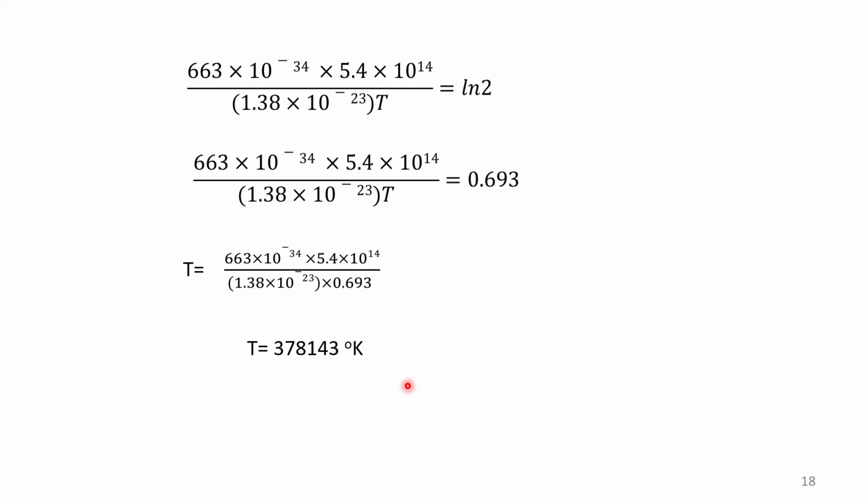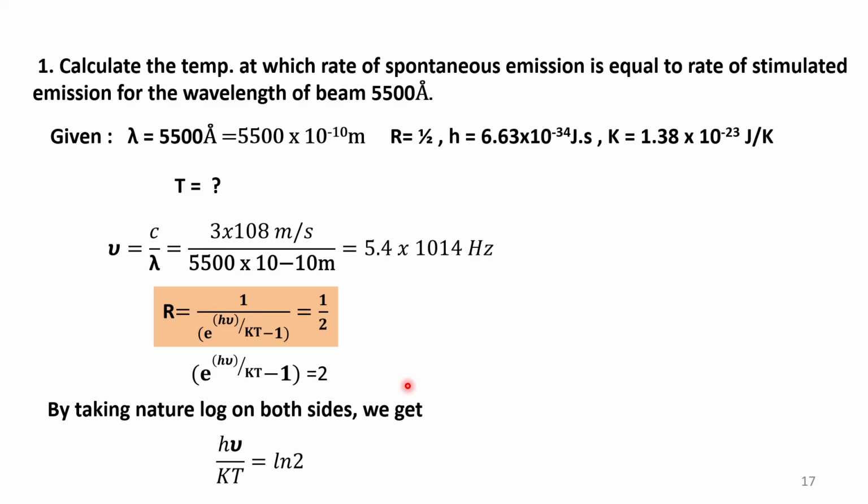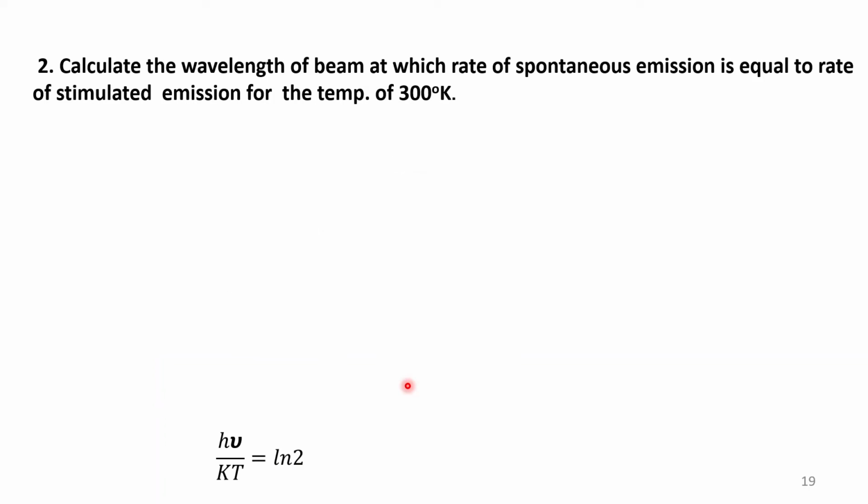So in this way we can solve the problems by using the formula R is equal to 1 divided by e raised to h nu by kT minus 1. Now we are going to take the second problem.